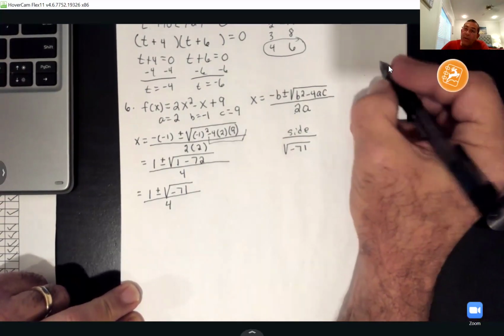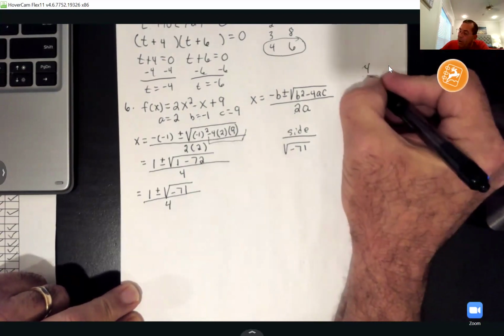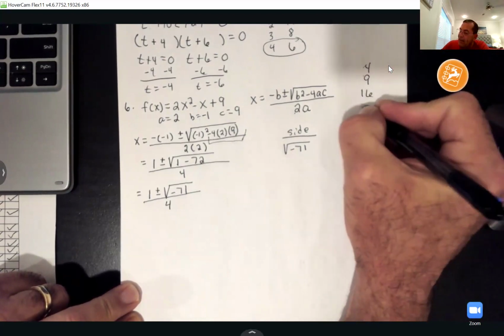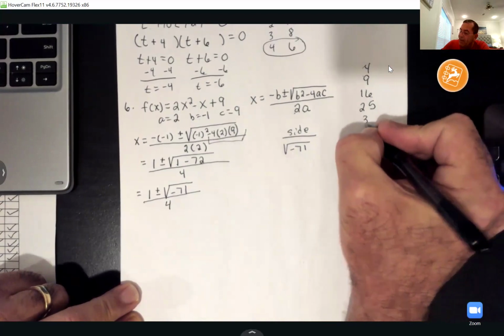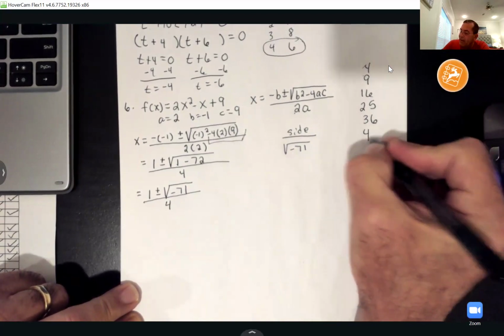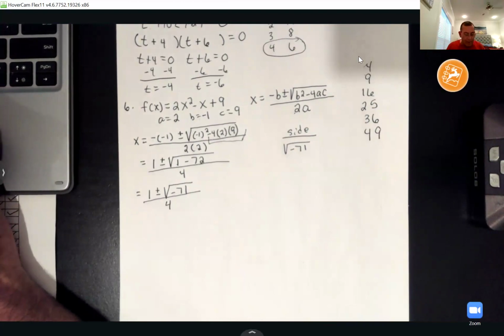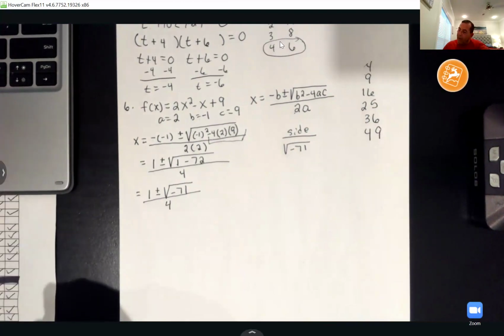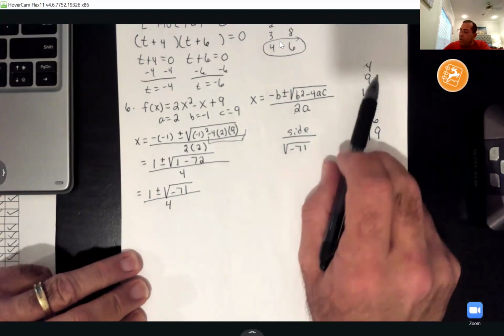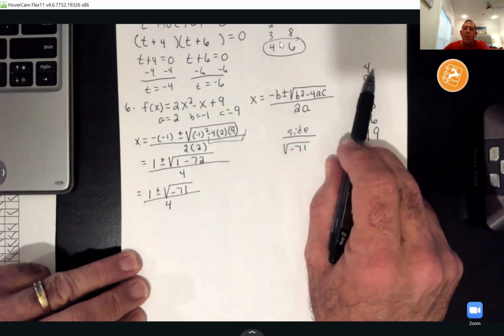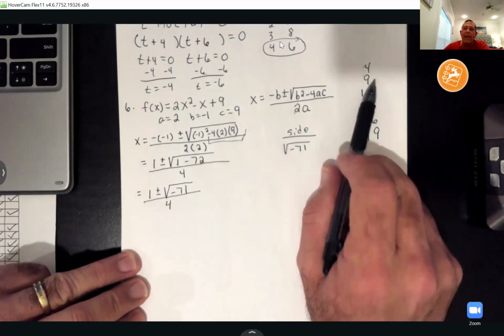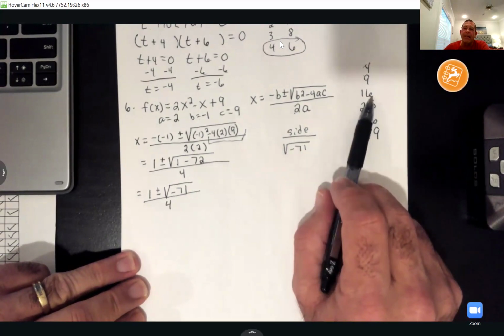Now remember, my perfect squares were 4, 9, 16, 25, 36, 49. And that's probably high enough on those for this one. So 71 will not divide by 4. It won't divide by 9. It's not dividing by 16.